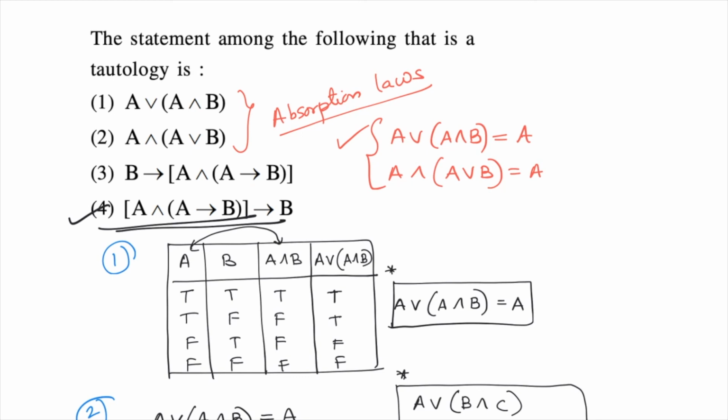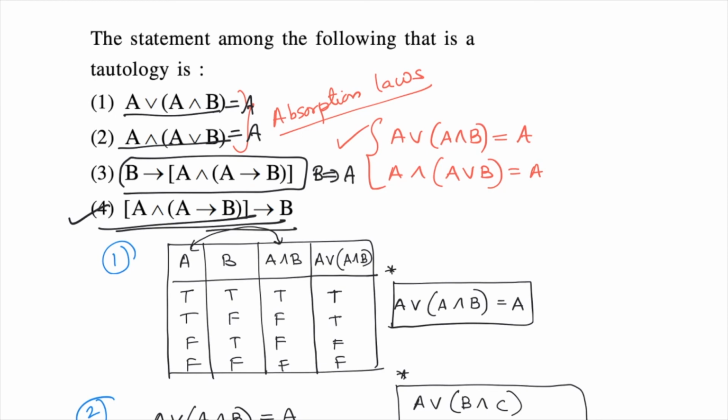The first two are nothing but the absorption laws, so this is equivalent to A, and this is equivalent to A. Now using hypothetical syllogism, you can write that this is equivalent to B implies A. And the fourth one, using modus ponens, you can write that this is a tautology. So if you have these ideas, you can do it in maybe 30 seconds or 1 minute. I request you to go through this video once again, and we'll catch you in a new video soon.